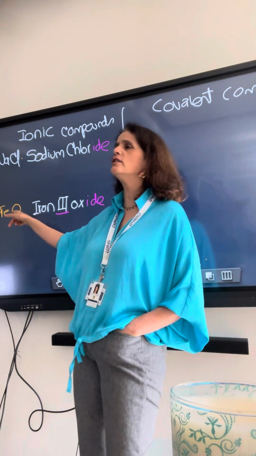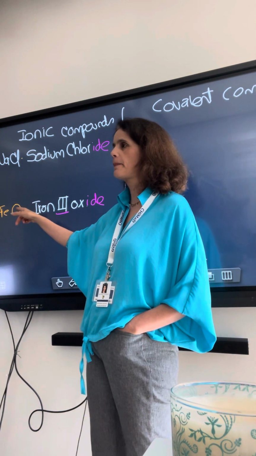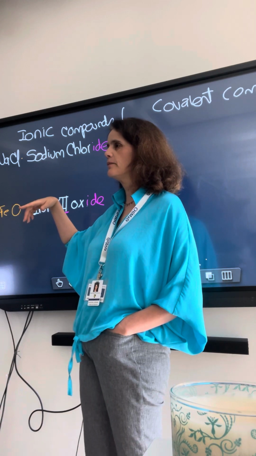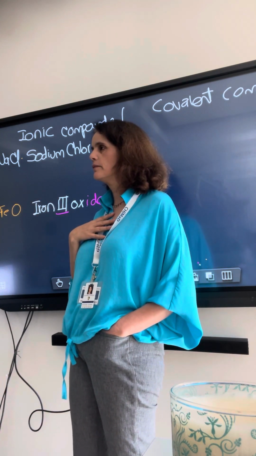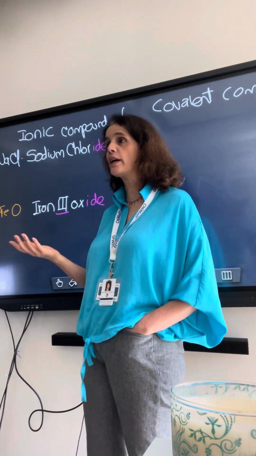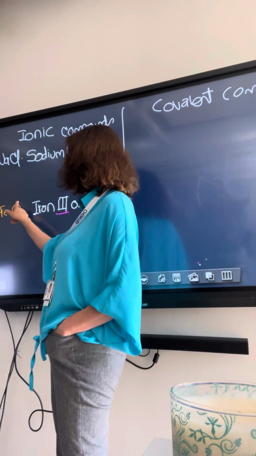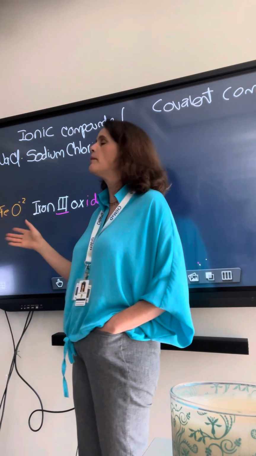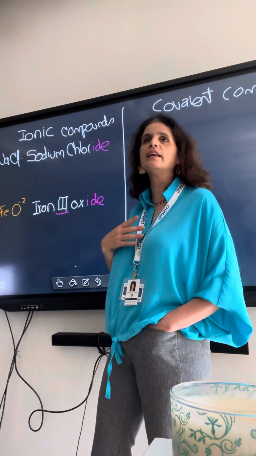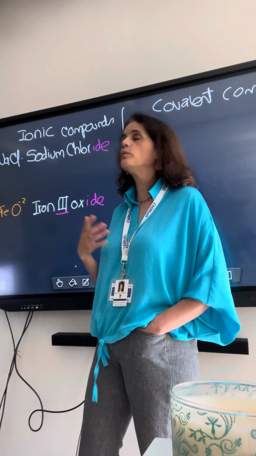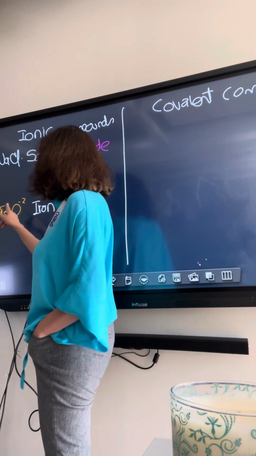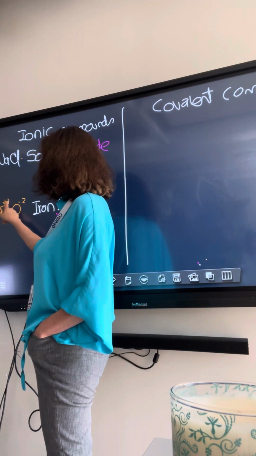And I know oxygen is always what? Caroline, what is the charge of oxygen? -2. She didn't even look at the periodic table. That's good. -2, I will know that, but without me putting that 3 in here, there is no way I know. It could be iron(II), it could be iron(III), it could be another charge. So that will tell me that this is going to be a +3.